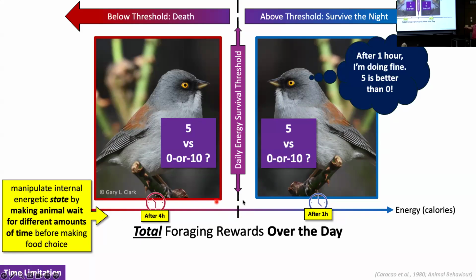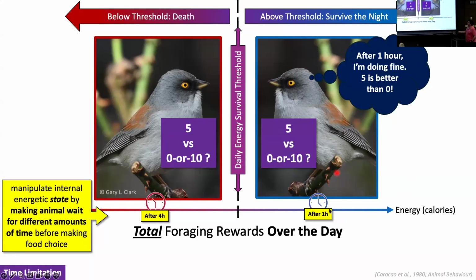So imagine this is how much energy it has currently. And so we're saying after an hour, it's above its survival threshold. But after 4 hours, if it stays this way, by the end of the night, it's not going to survive the night. So this threshold here, that's determining whether it has enough energy to survive the night.